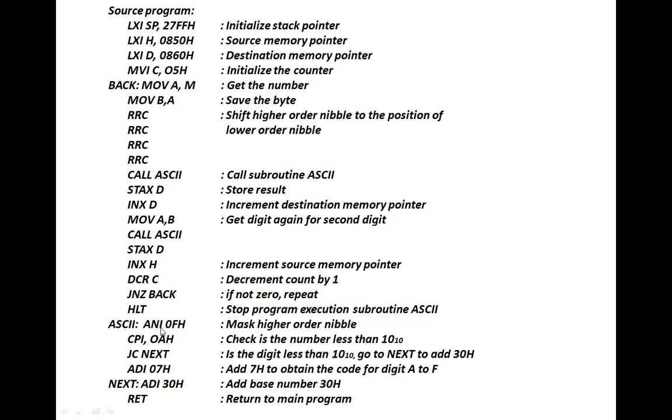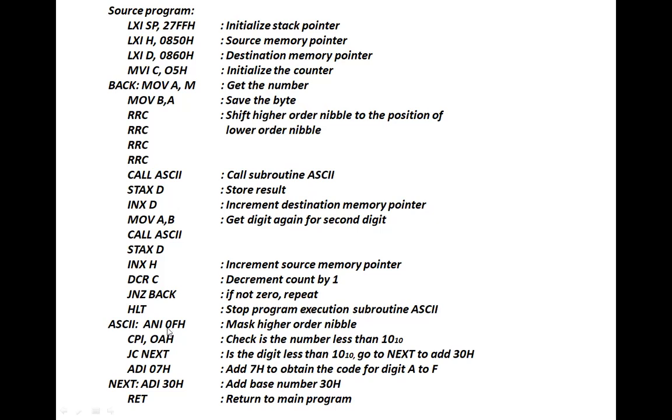And what is it going to do? It is going to mask the higher order nibble. Once you have shifted the lower order nibble into the position of the higher order nibble, and the higher order nibble has become the lower order nibble, the first step is to mask the higher order nibble. And for that purpose, we are doing an AND operation with 0F. So what will happen?